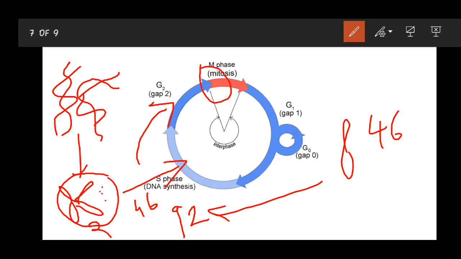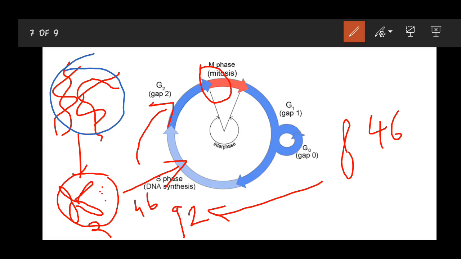Now coming to two other terms, which are sister chromatids and non-sister chromatids. Sister chromatid means this structure that we saw here. These two are called sister chromatids. That means the DNA strands which are derived by replication of one of the DNA strands, which are copies of each other, are usually referred to as sister chromatids.